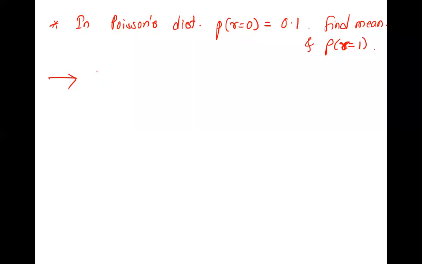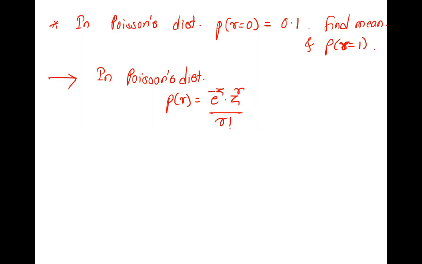Okay, something is given in Poisson's distribution, so we can use that distribution. Probability of R is e raised to minus z, z raised to R upon R factorial. We see R there, so we write it in R only. We have probability of R is 0 is 0.1, so here we can put R is 0.